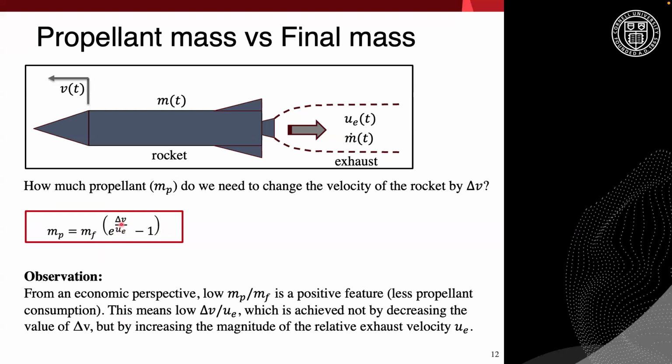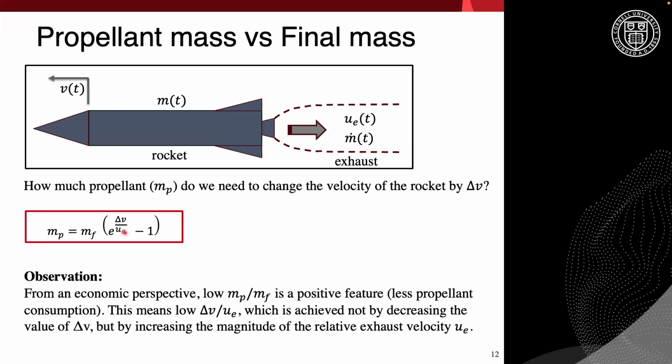However, delta V is prescribed by the mission. So if you want to go from a given orbit to a second orbit, then the astrodynamics of the problem will dictate how much delta V you need. So you don't get to choose the delta V.